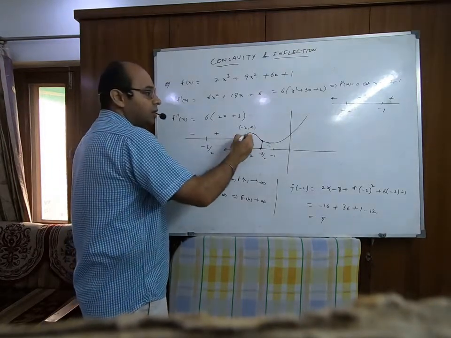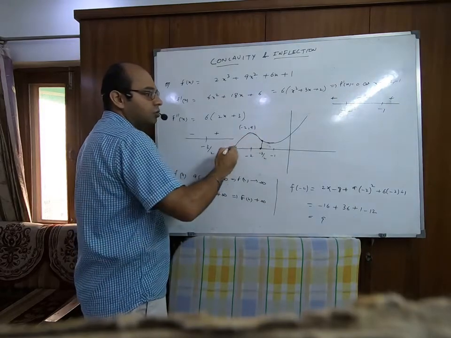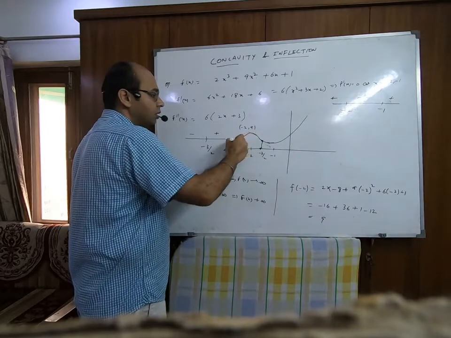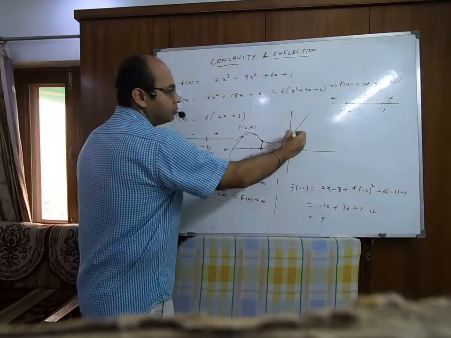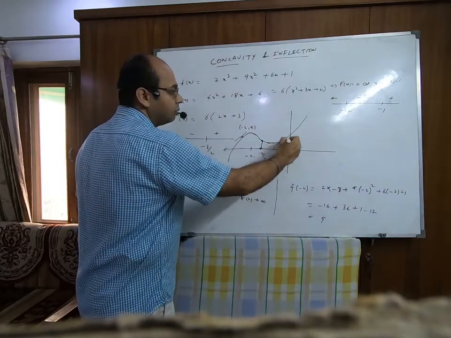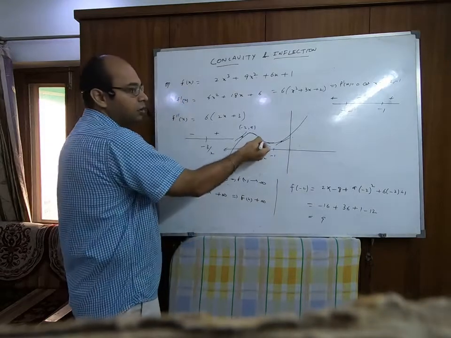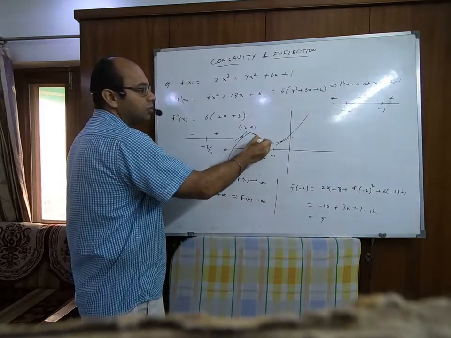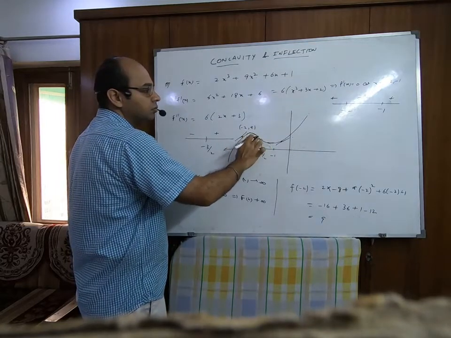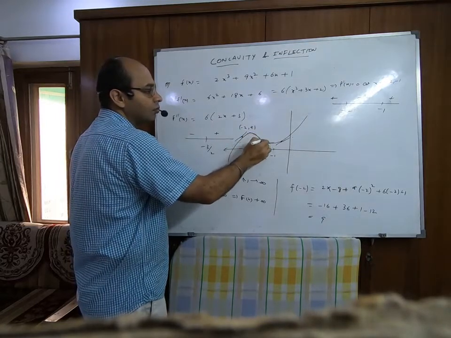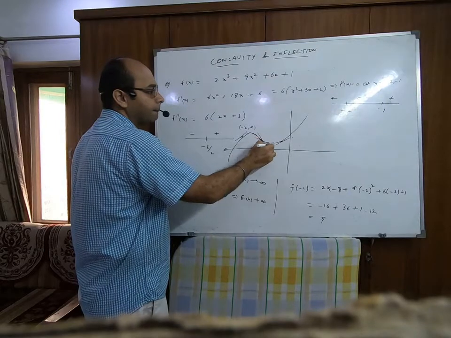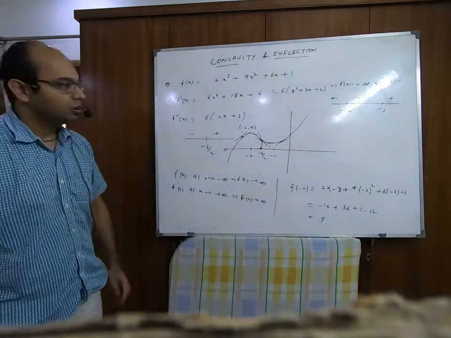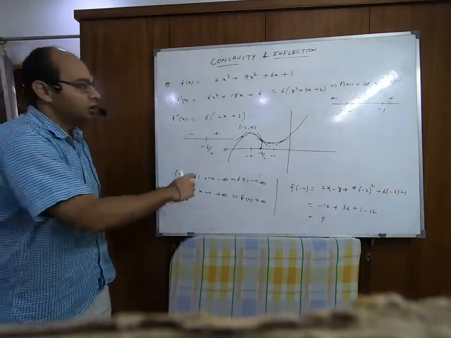If I draw a tangent at any point in this portion, it will be above the curve, say like this. In this portion it will be below the curve, but at this point of transition, the tangent will be crossing the curve. The tangent will be crossing the curve.